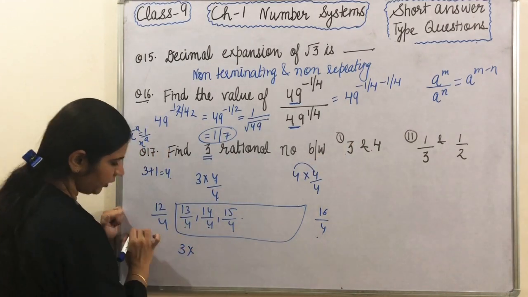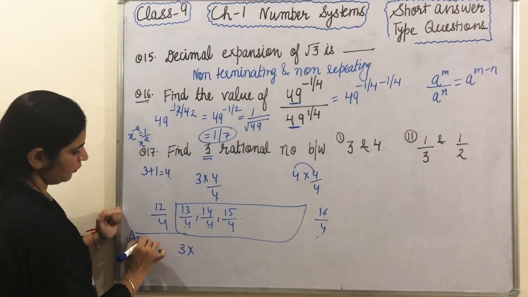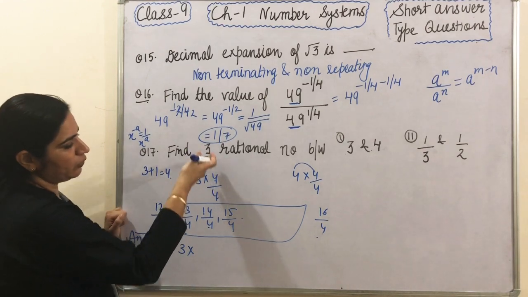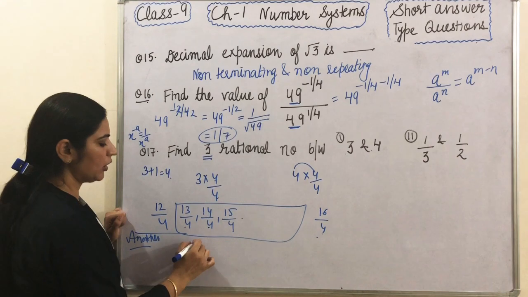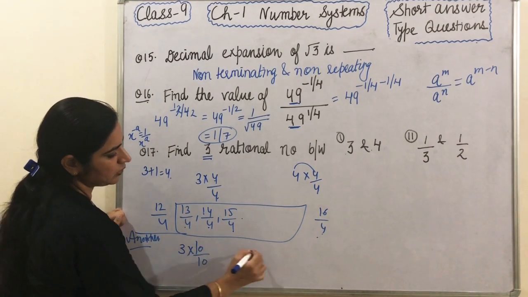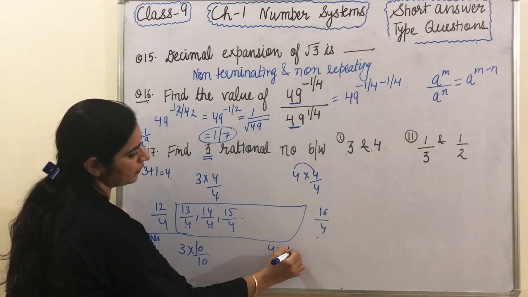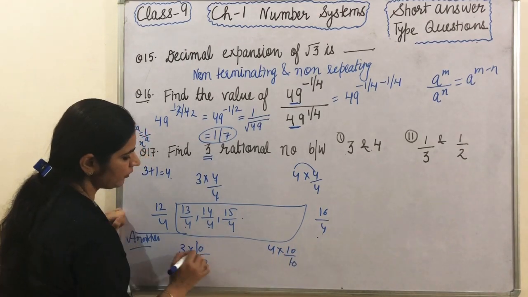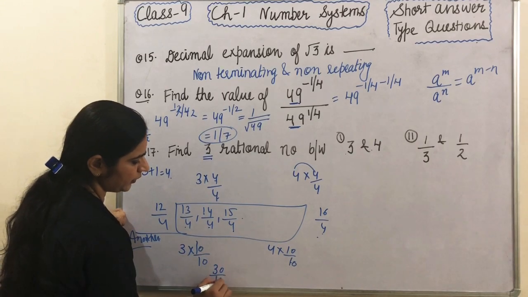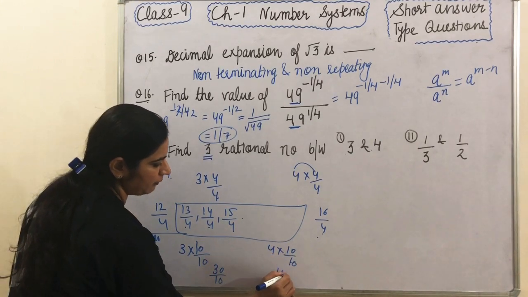Suppose I do it by another method, not multiplying and dividing by 4 but simply multiplying and dividing by 10 for the first number and the second number. The first number will be 3 tens are 30 by 10 and the second number is 4 tens are 40 by 10.